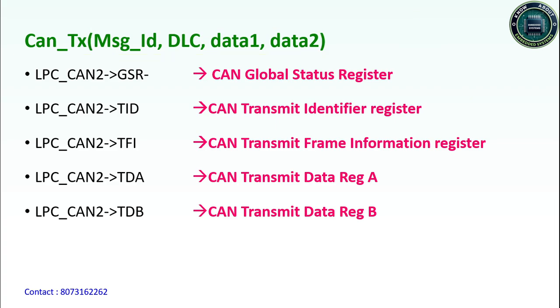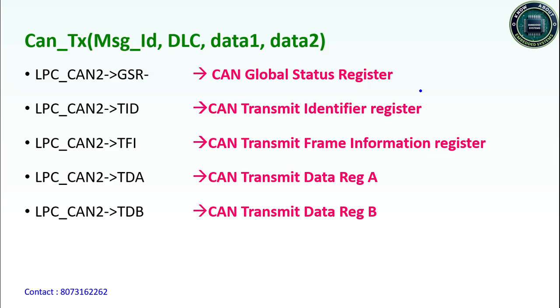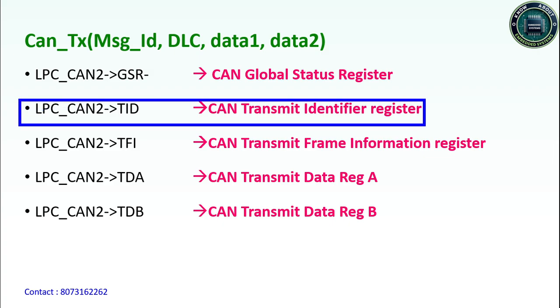The second important thing you should know is what are the different registers you need to use in the programming. The first important register we're going to use is the global status register. This we use to check the status of the transmit buffer, transmission completion, and so on. The second important register is the transmission identification register.